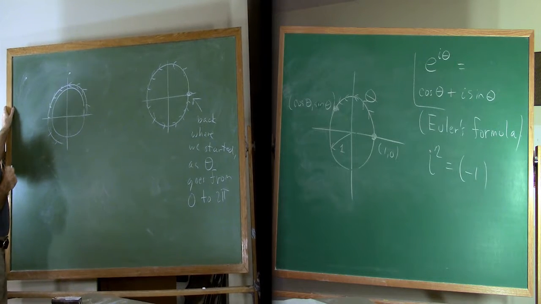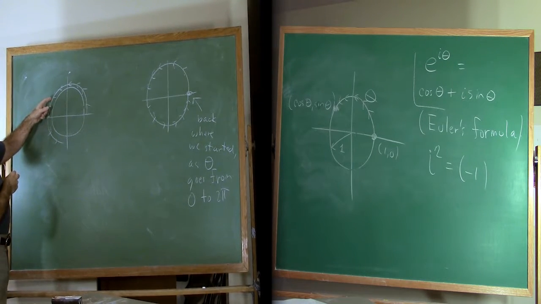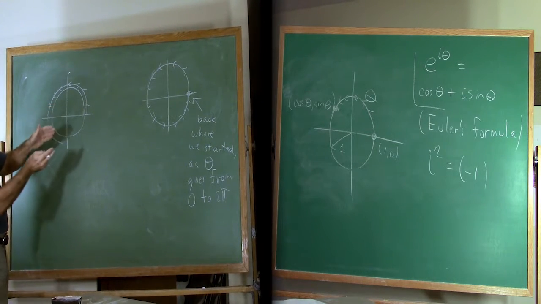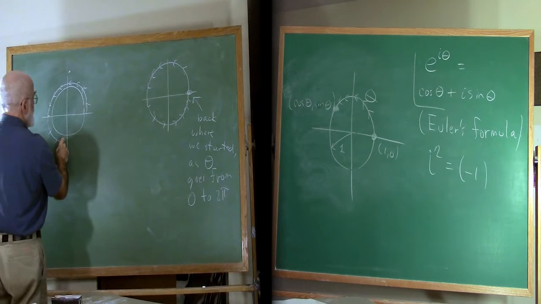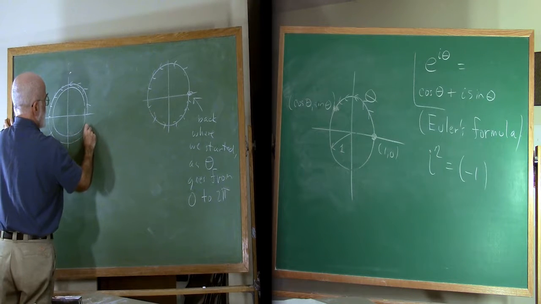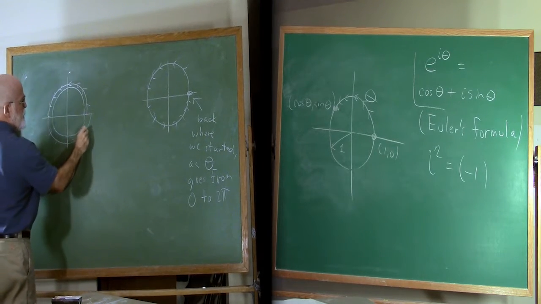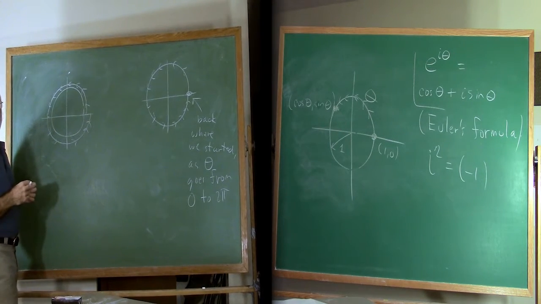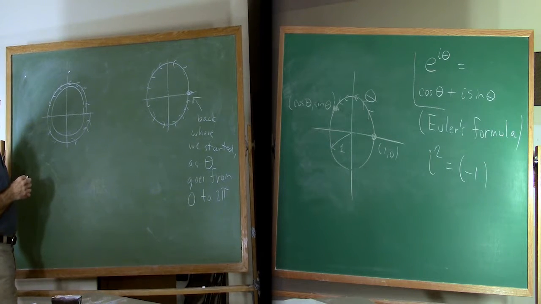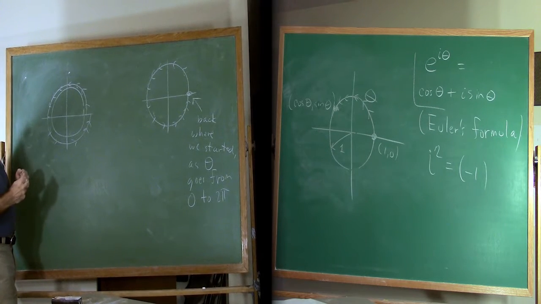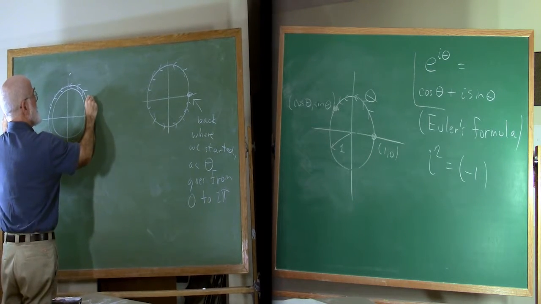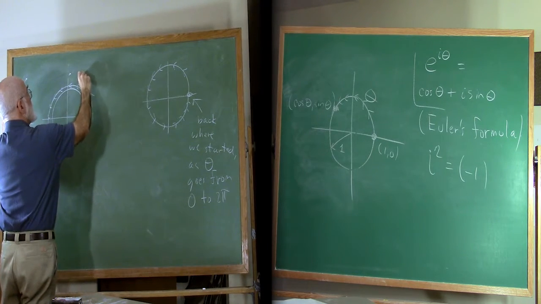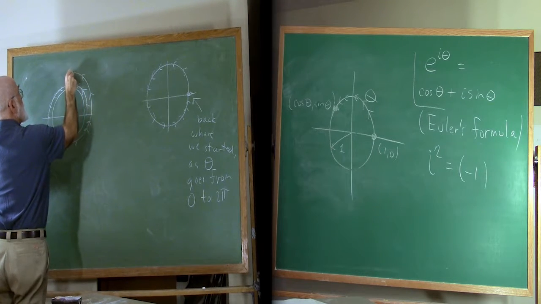I'm not being completely accurate here. The motion is actually on the unit circle, but I need a little separation. Traveling, traveling, traveling. There's theta equals 2 pi. And I say to myself, I don't want to stop. I've got all this momentum. I'm going to continue going counterclockwise around the unit circle.